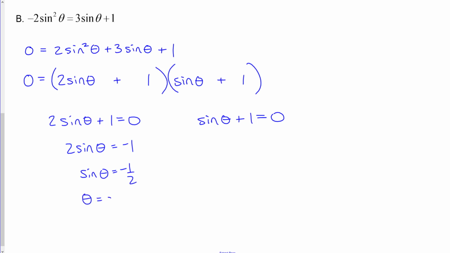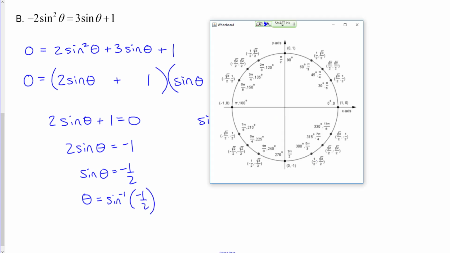So theta is the arc sine of -1/2. To determine that, we just get out our unit circle. So we want the y values to be -1/2. So here's 1, and here's 1. So it's 7 pi over 6 and 11 pi over 6.